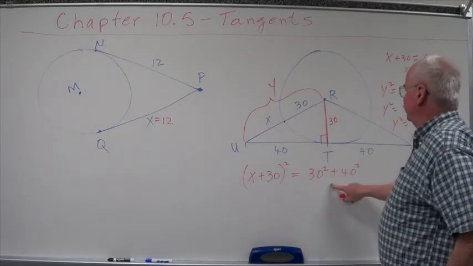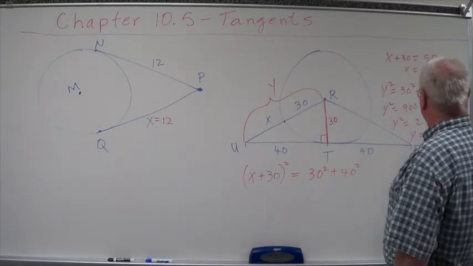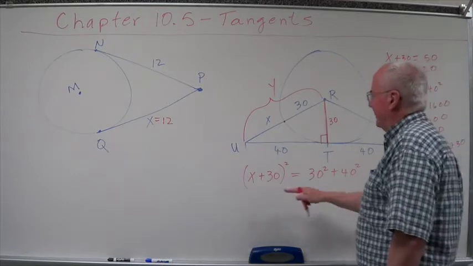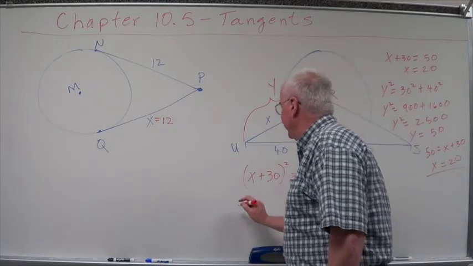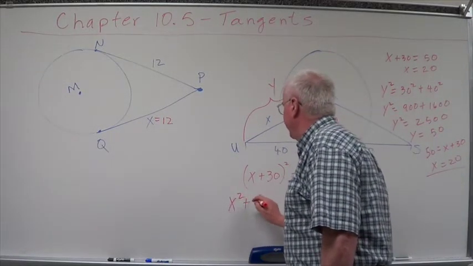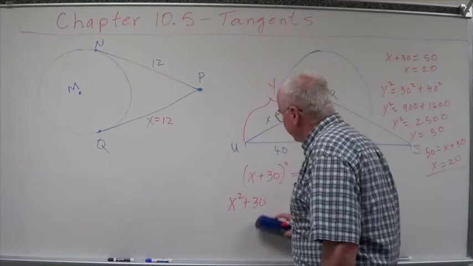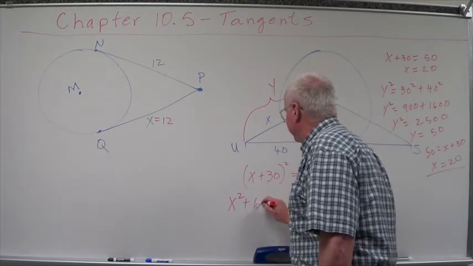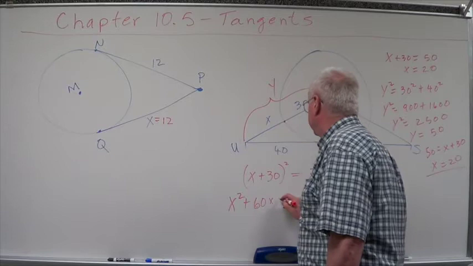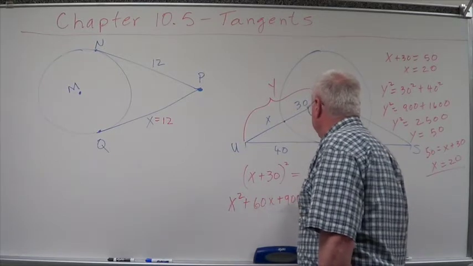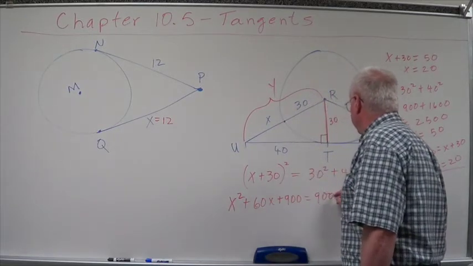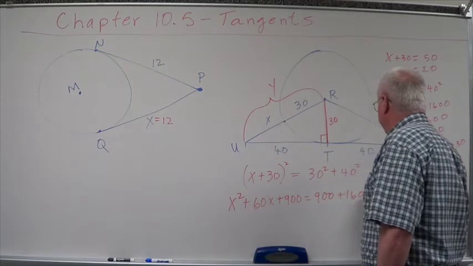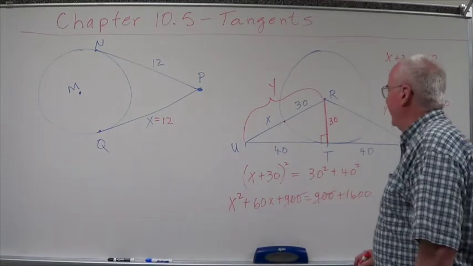So let's go here. Either one of these two ways would work. This right here, if we square that, we're looking at x squared plus, no, not 30, it would be 60x plus 900 equals 900 plus 1600. The 900s can go away.